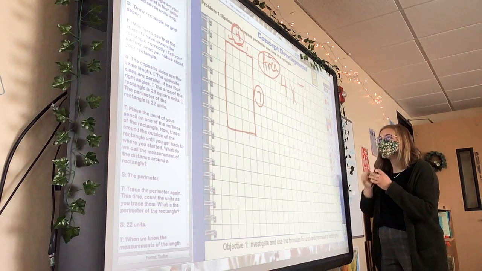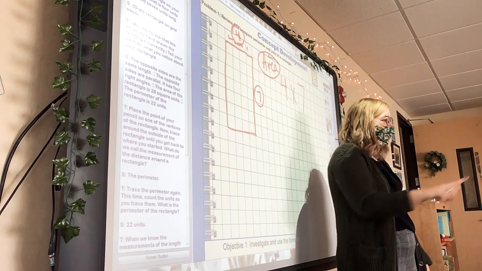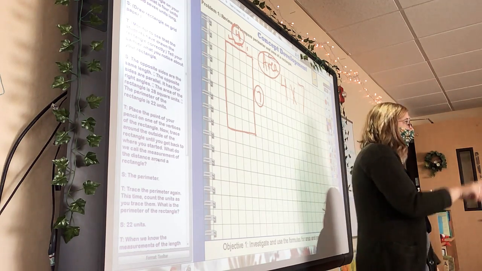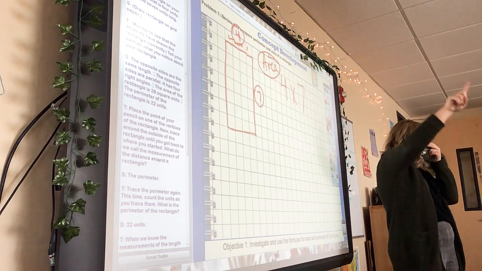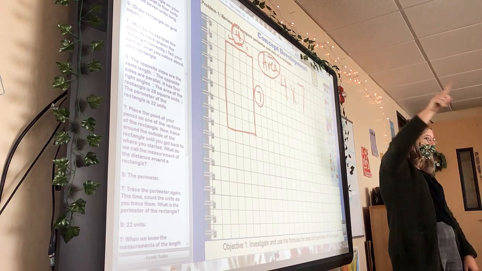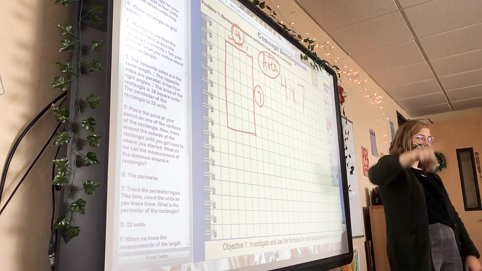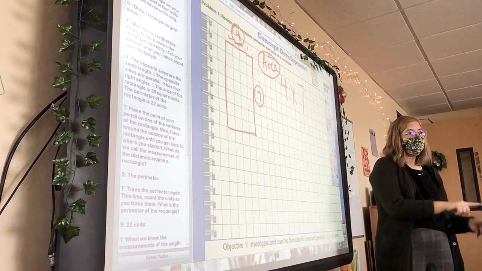All right, beautiful. So then, the perimeter is everything on the outside. So everybody show me that you're outlining a rectangle. I will wait for everyone to show me that they're outlining a rectangle. Logan, show me you're outlining a rectangle.